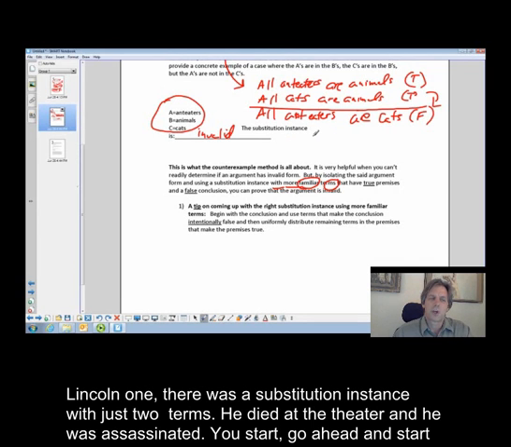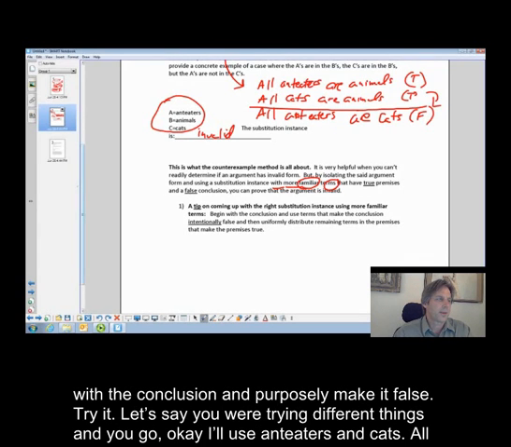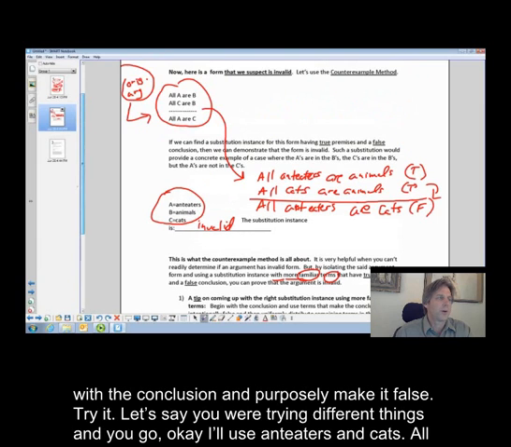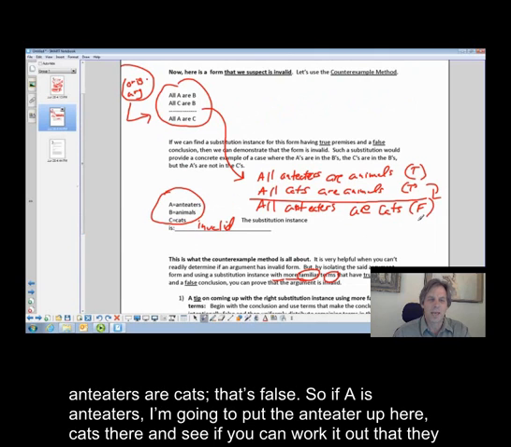Go ahead and start with the conclusion and purposely make it false. Let's say you were trying different things and you go, okay, I'll use anteaters and cats. All anteaters are cats. That's false. So if A is anteaters, I'm going to put the anteater up here, cats there, and see if you can work it out that they're true.